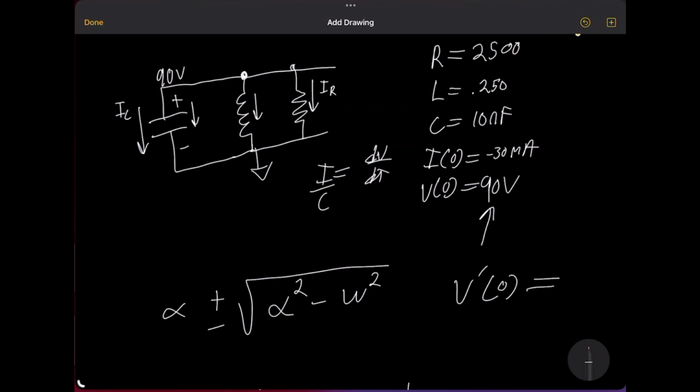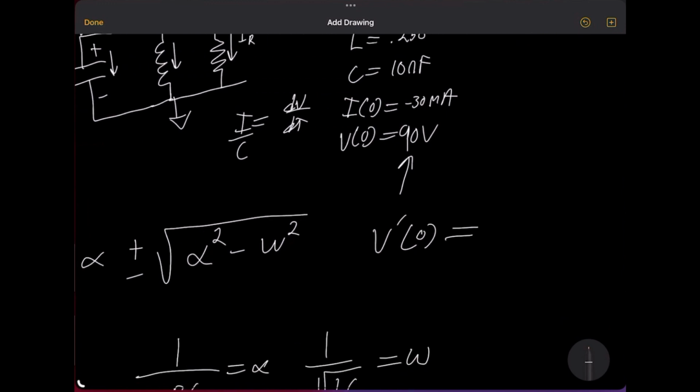We can figure that out by 90 divided by 2500, which gives 0.036. Then minus 0.030, in milliamps. Since there's a positive 36 milliamps going through that resistor, we need negative 6 milliamps through the capacitor.